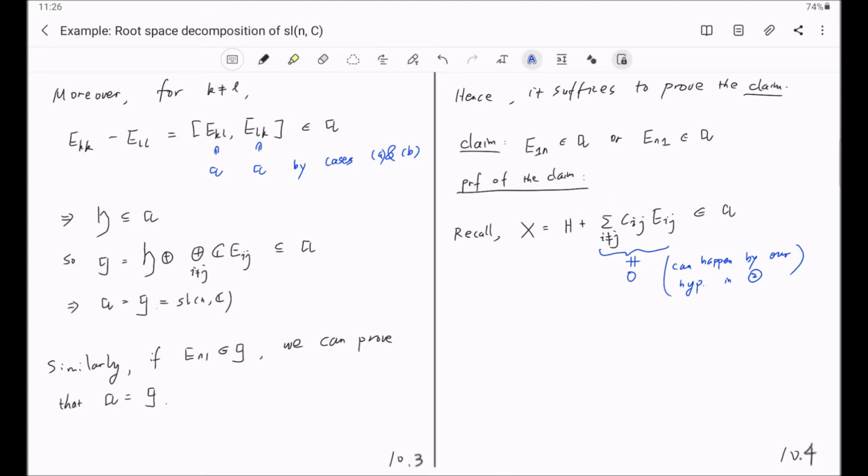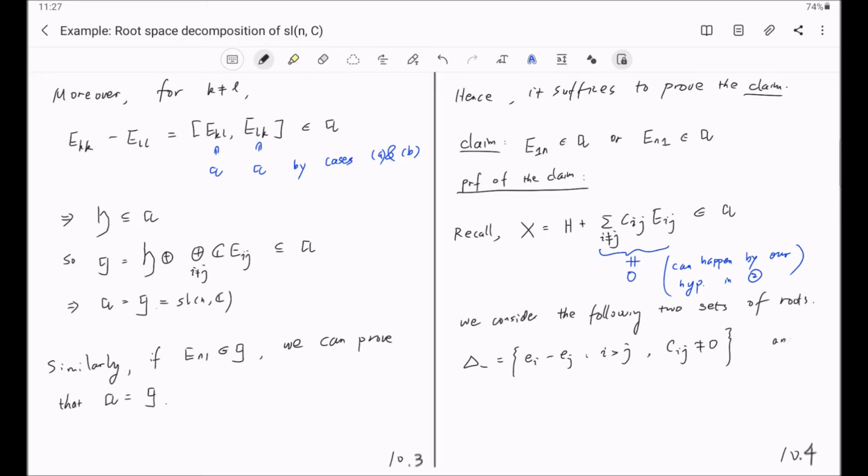To prove this claim, we consider the following two sets of roots. The first set is delta negative. This is a collection of E sub i minus E sub j's, where i is greater than j, and the coefficient for E sub ij, which is C sub ij, is non-zero.